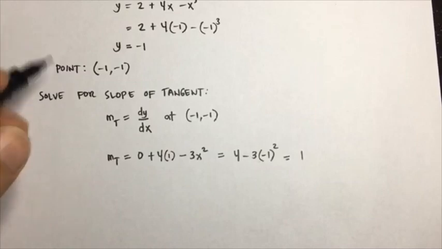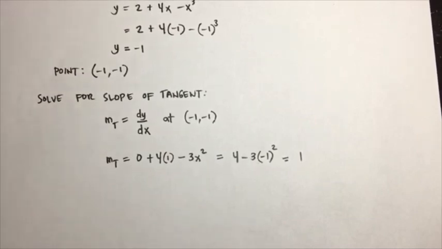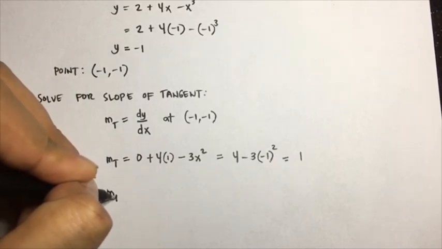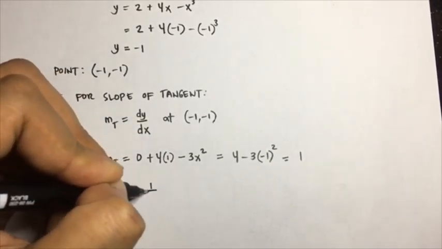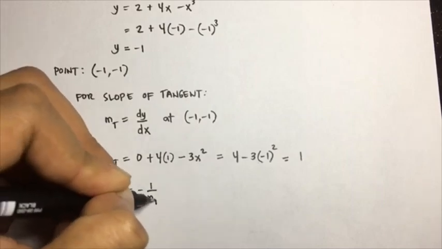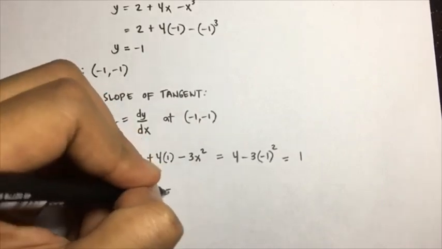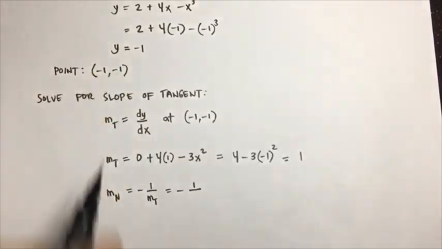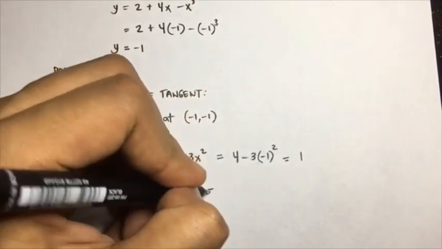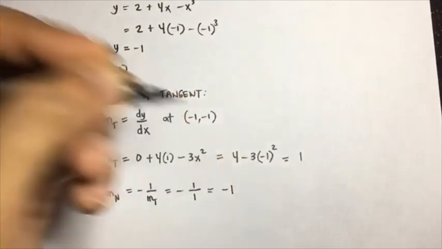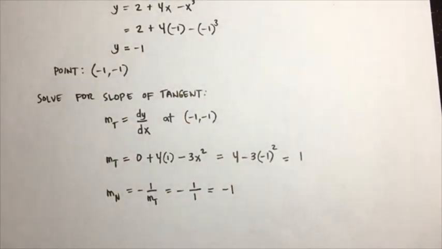Okay, so solving for the slope of the normal: the slope of the normal line is equal to the negative reciprocal of the slope of the tangent line. So we will have negative 1 over the slope of the tangent line, which is 1. Therefore, the slope of the normal line is negative 1.